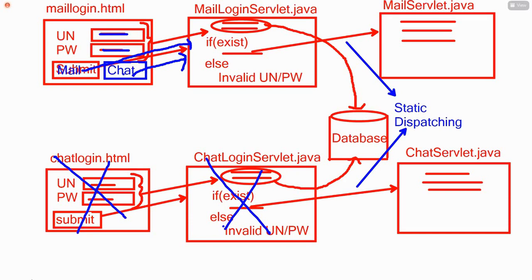For both submit buttons, you write the same name, but the value is different. Then whichever submit button is clicked, that value comes. If the value is mail, forward to mail. If the value is chart, forward to chart. Like this, it is possible.